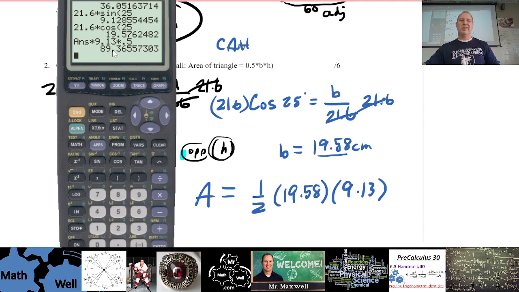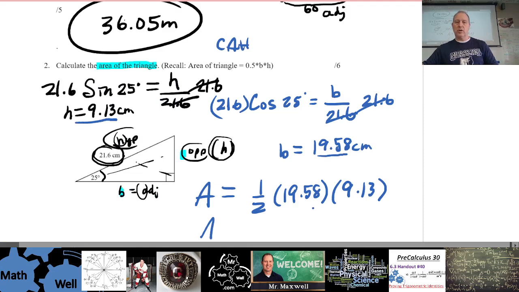Which should be about 89.37. I use the full decimal for the 19 one, so mine might be a little different than yours, but 89.37. What do you guys get? 89.38? Yeah. Okay, so you guys used the rounded variable, so let's use yours.